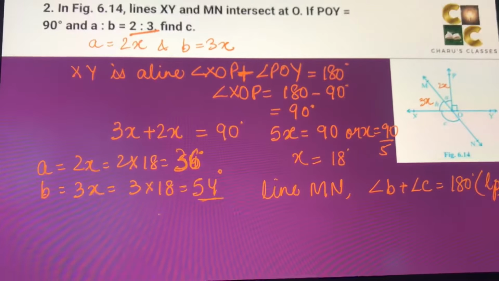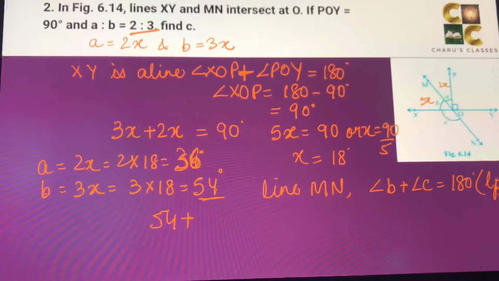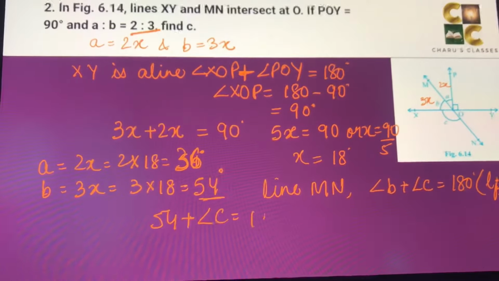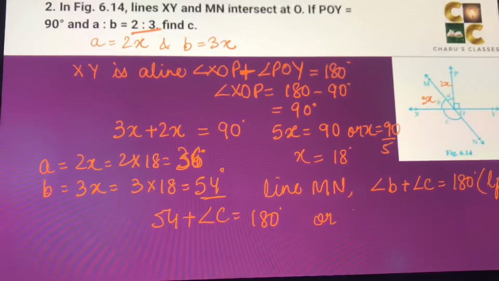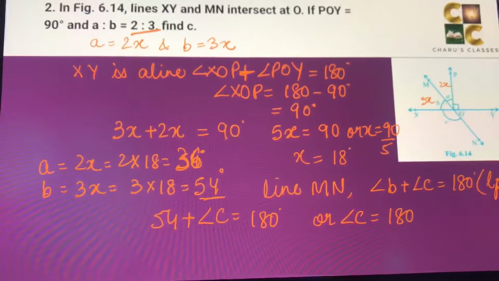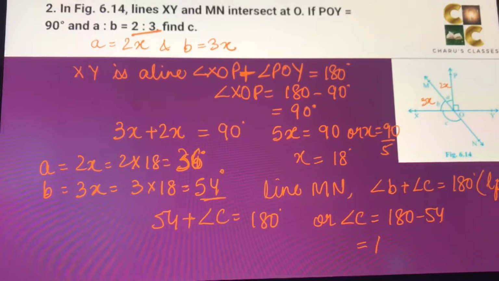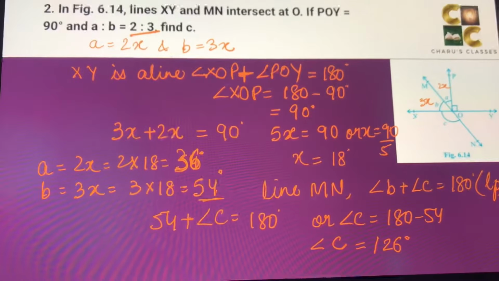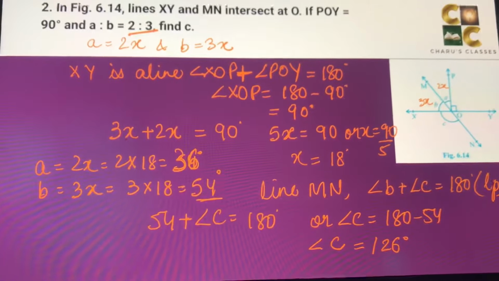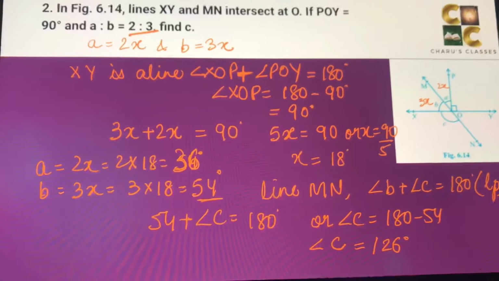Angle b is equal to 54 degrees. So 54 plus angle c is equal to 180 degrees, or angle c is equal to 180 minus 54, which will come out as 126 degrees. So our answer is angle c is 126 degrees.